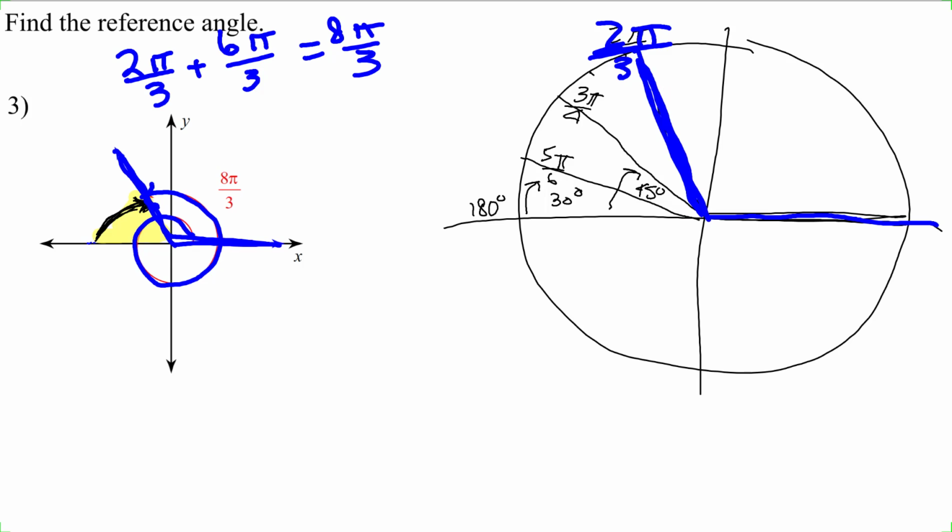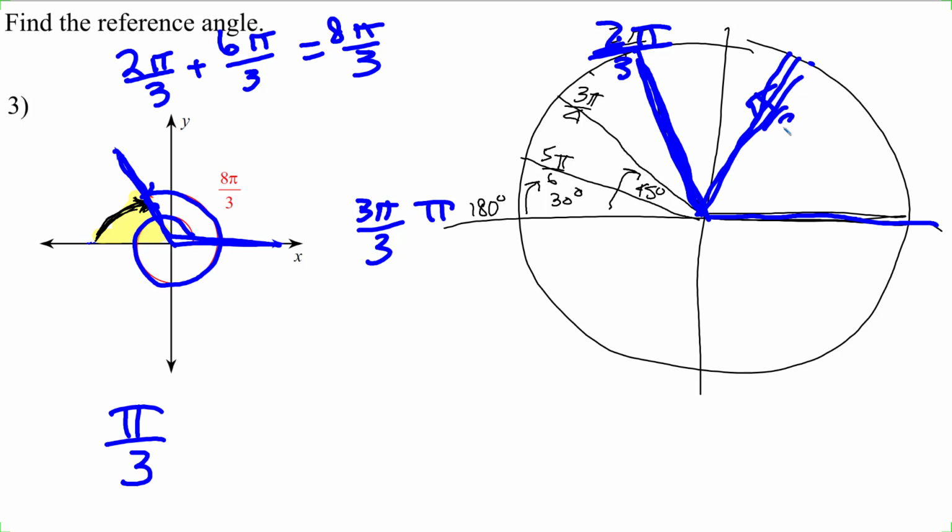Well, if that's 2 pi thirds and 180 degrees is pi, well, pi is the same as 3 pi thirds. 3 subtract 2 is pi thirds. And remember over here, pi thirds is 60 degrees.